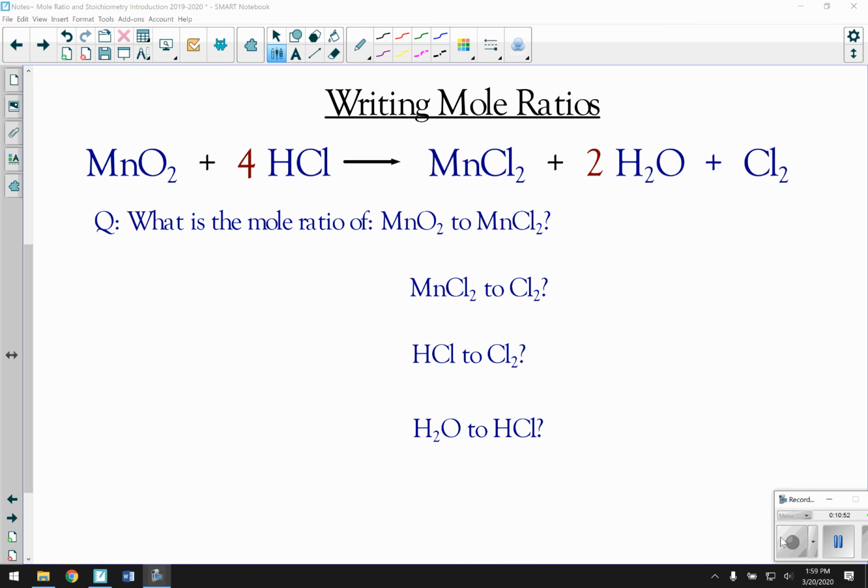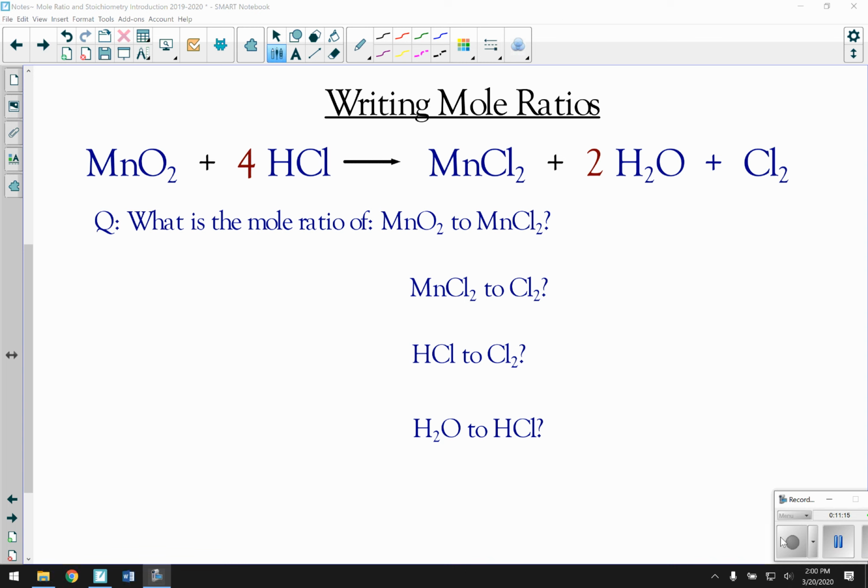Okay, now that we've defined what stoichiometry is, just using the relationship between participants to predict the amounts of participants, and we know that that relationship is the mole ratio, let's practice writing the mole ratio between different participants in a balanced equation. So I have 4 questions here. What is the mole ratio of MnO2 to MnCl2?